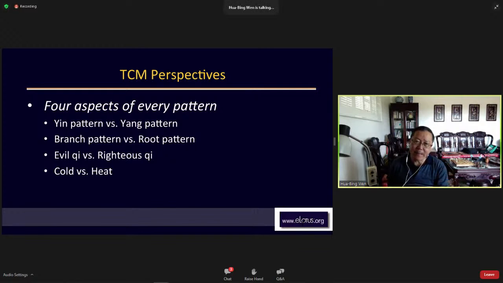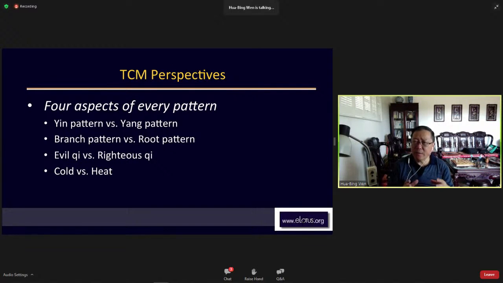So the TCM perspective, when we're talking about cancer treatment, is a little bit different from other conditions. The consensus in conventional medicine right now is you pretty much treat cancer like a chronic disease.